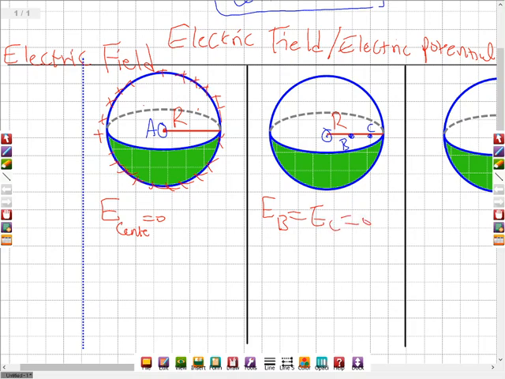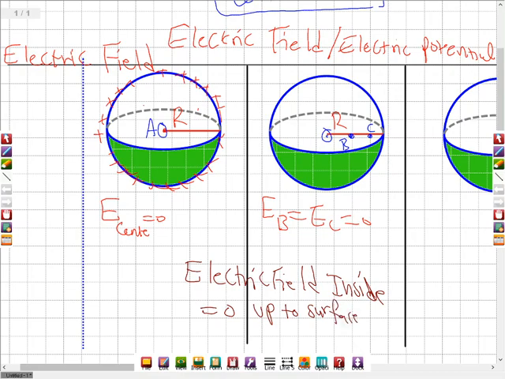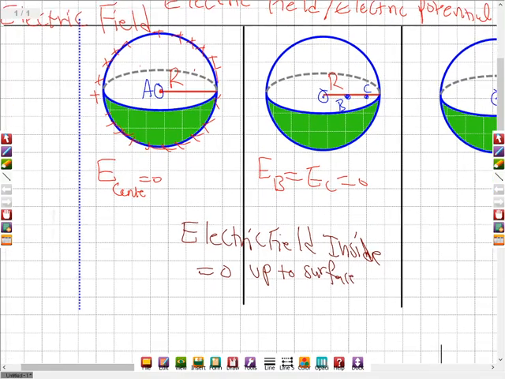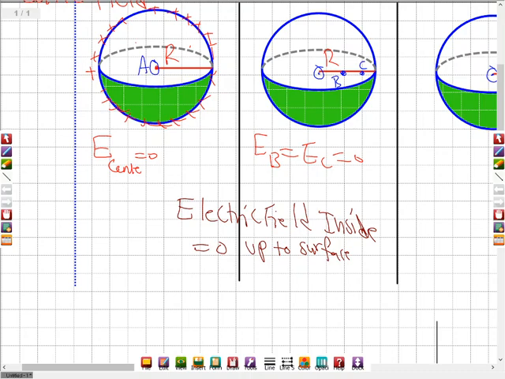Then the rule says the electric field inside equals 0 up to the surface, not on the surface.